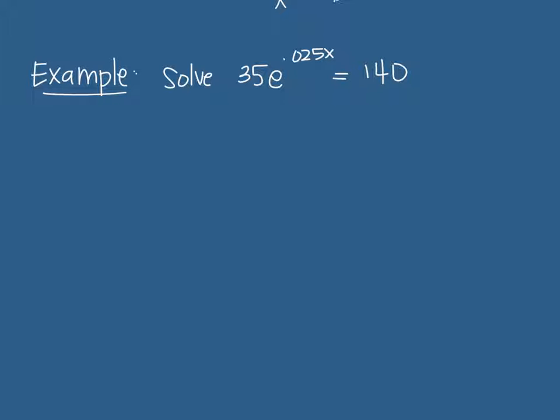All right, with e, we understand that there are implied parentheses around the e. So the 35 is the coefficient, so we want to divide. That gives me e in the understood parentheses to the 0.025x. And 140 divided by 35 actually works out nicely to the number 4.